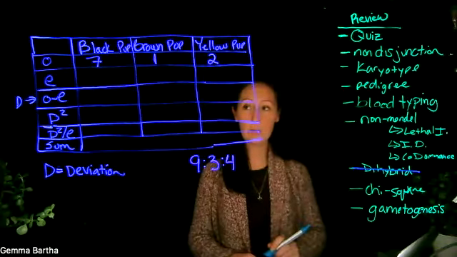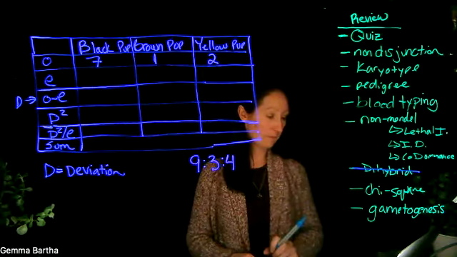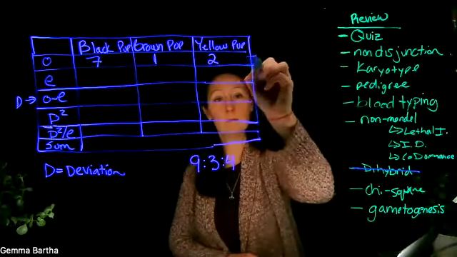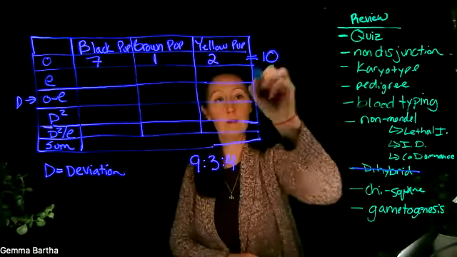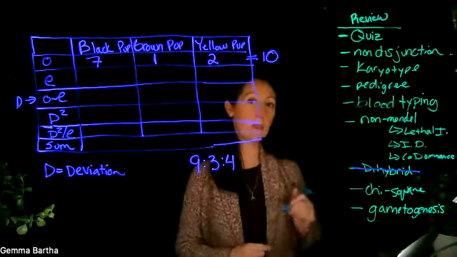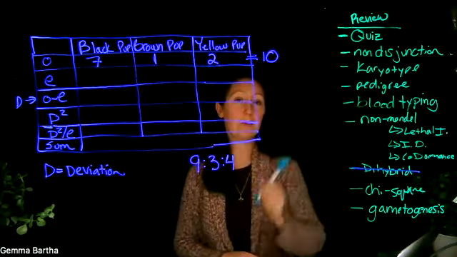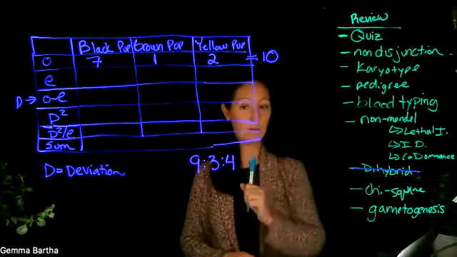What should you do with your observed? Yeah, find the total. And we know it was 10. And why is that number so important? What are we going to do with that 10? Yes, we are going to multiply them by the ratios.